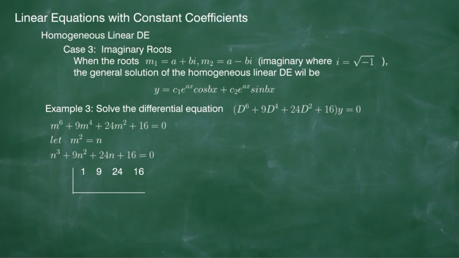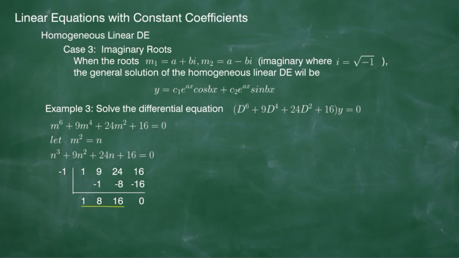First we write the coefficients 1, 9, 24, and 16. Obviously we cannot try 1 here because all of the coefficients are positive. So let's try negative 1. We bring down 1, multiply by negative 1, we get negative 1, plus 9 is 8. 8 times negative 1 is negative 8, plus 24 is 16, times negative 1 gives negative 16, and 16 minus 16 is 0.